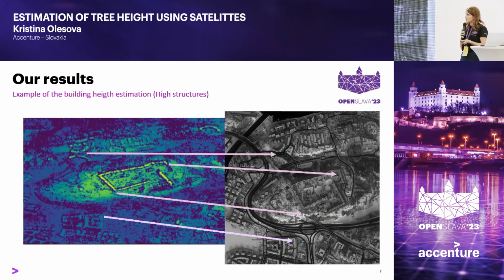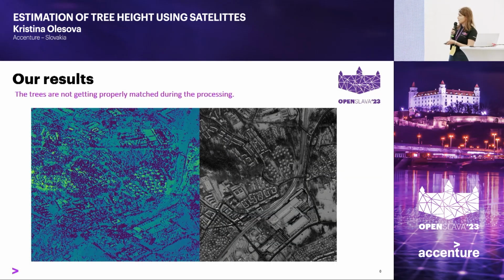So this is another problem in the solution: not only do you need to be able to calculate the height pretty correctly, but you need to have even the basic terrain elevation model done with very high precision. Now we just go to the last slide of the presentation. So this is a living area of the city of Stockholm, and you can see that there are some trees around the buildings.